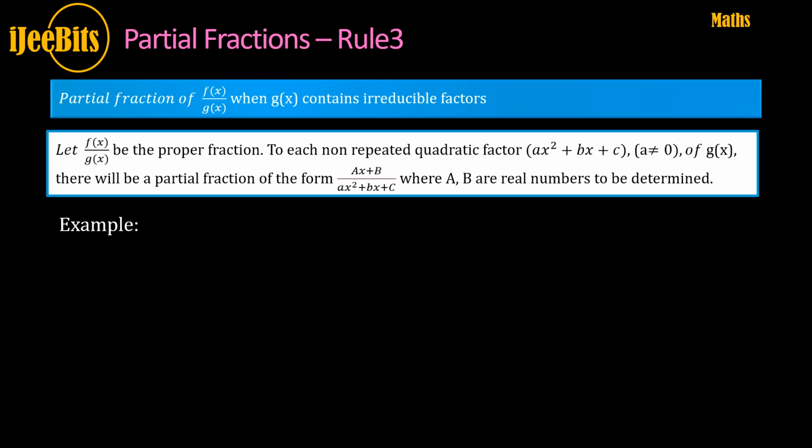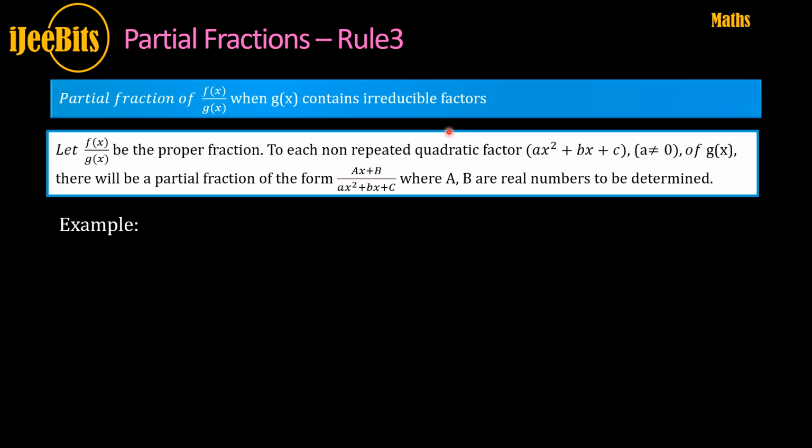Now let's look at what rule number 3 says. Partial fraction of f of x by g of x, where g of x contains irreducible factors. Okay, this is a condition. We spoke about this just now, right? When, given a quadratic equation, you are not able to find the factors, we term them irreducible factors.